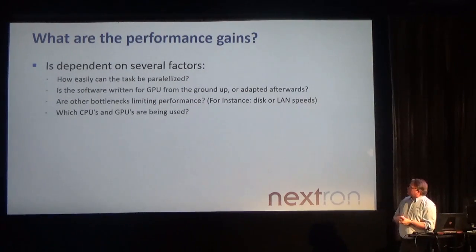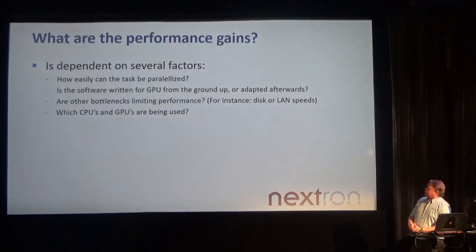Also, when you boost the performance with GPUs, will other bottlenecks in the system be limiting the performance? Both the LAN speeds, the networking speeds, and the disk speeds may very quickly become bottlenecks that will slow the system down. And there are ways around it. We'll talk about that later.